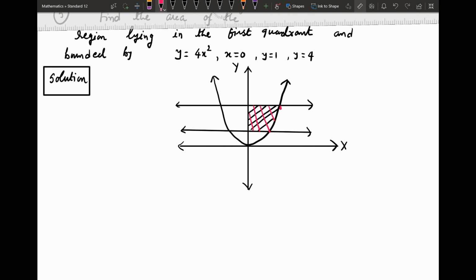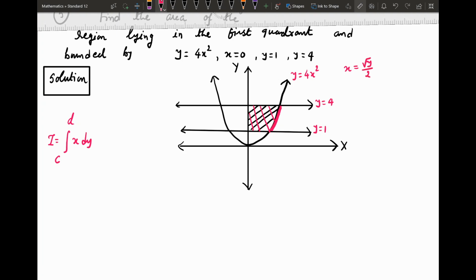So x as a function of y, this is x equal to g1(y). We will use this formula: integral of x dy. This is y equal to 1, y equal to 4, and this parabola y equal to 4x square, so x equal to root y by 2.